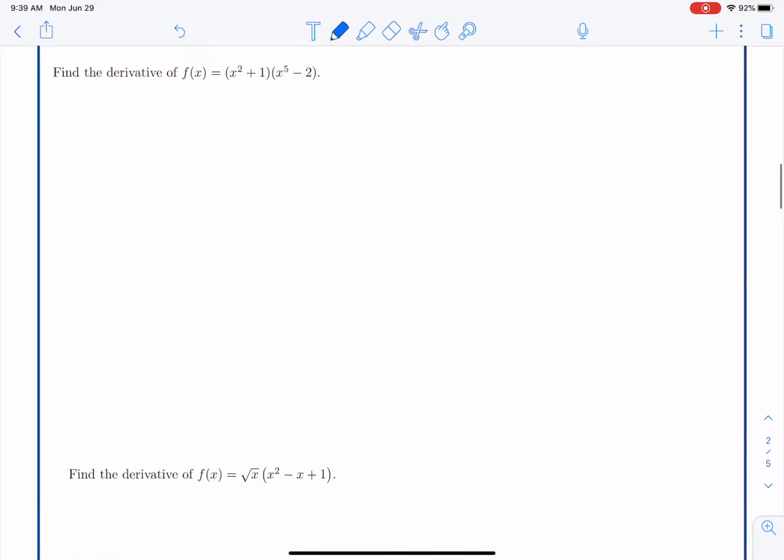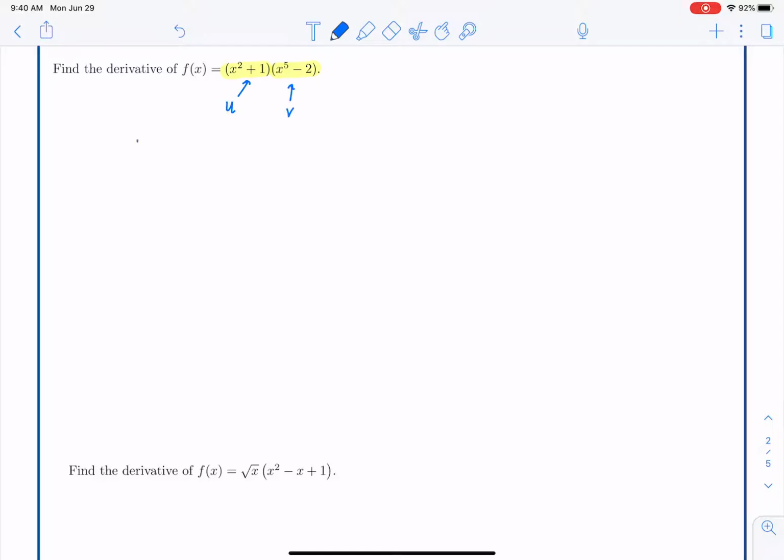So here we have a problem where we have two functions in product. One is x squared plus 1, the other is x raised to 5 minus 2. Of course, we can FOIL this and take the derivative, but anytime you have functions in product, it is advised that we use the product rule. So I'm going to call that u and that v.